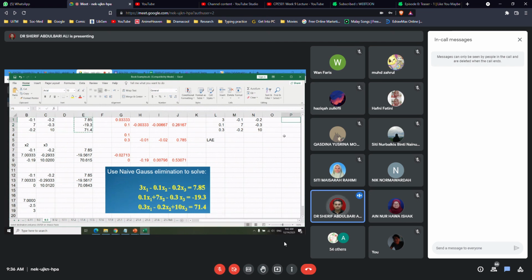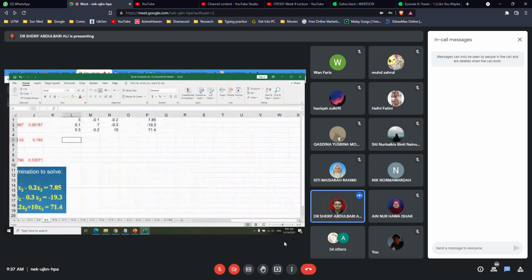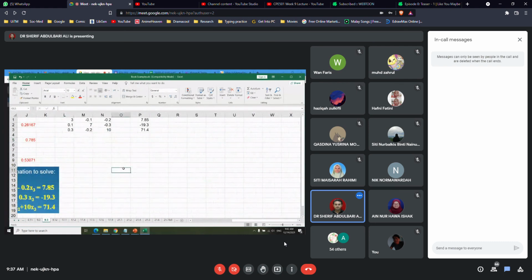I already solved this one with you in the lab. I'm going to have this question. There is no Naive Gauss, no Gauss-Seidel, no Gauss-Jordan here, it's Cramer's rule. To solve this using Microsoft Excel, you only need to highlight 3 cells.